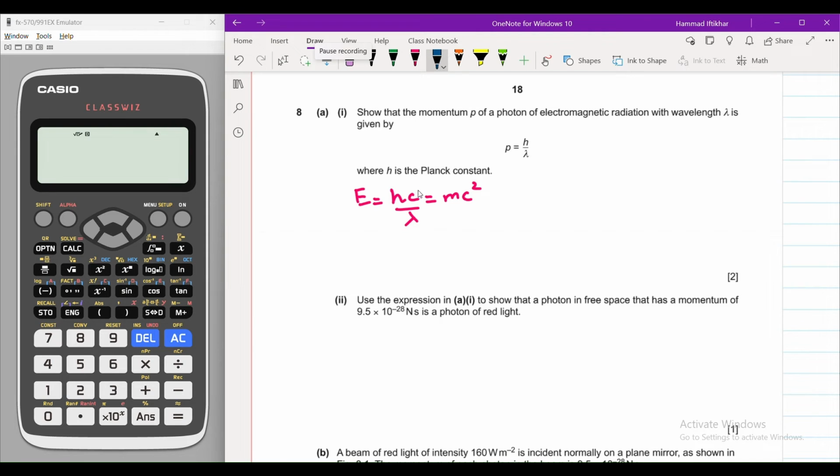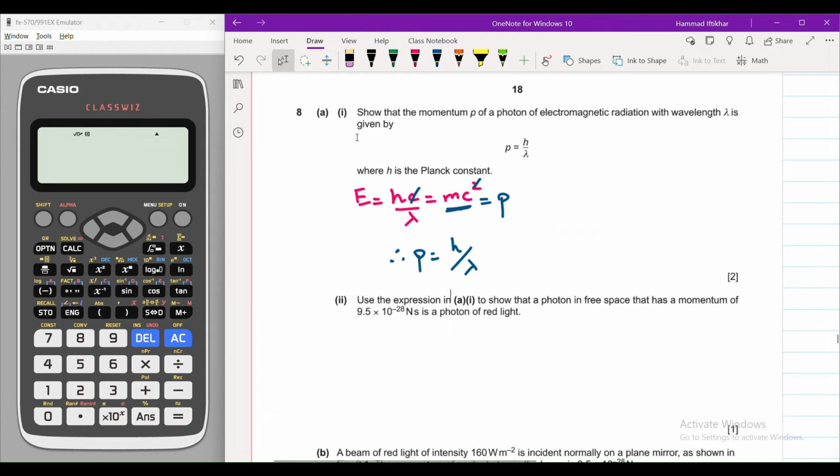When we cancel out one c each, this part over here is the momentum. So therefore P is equal to h over lambda.